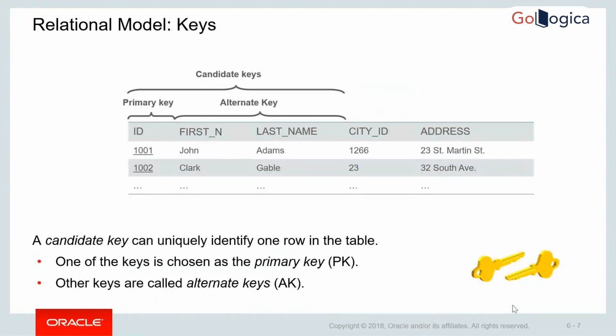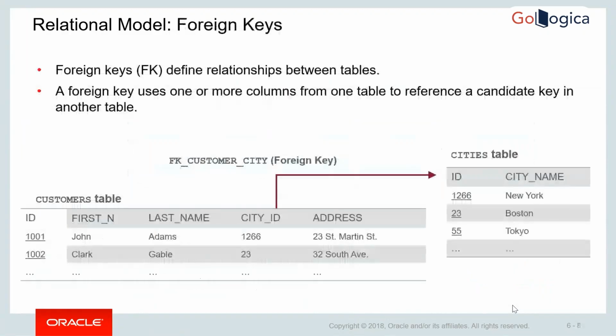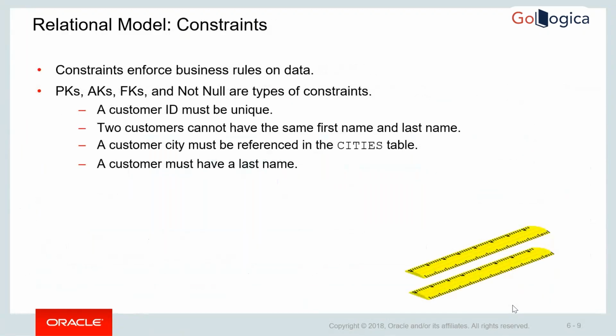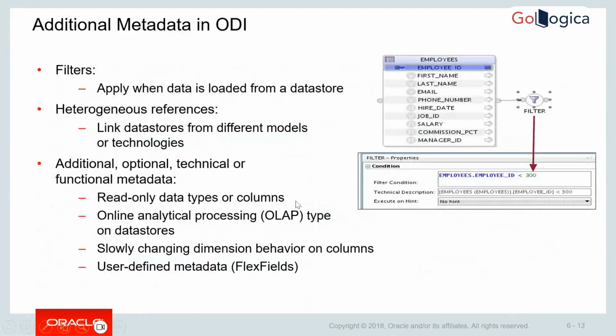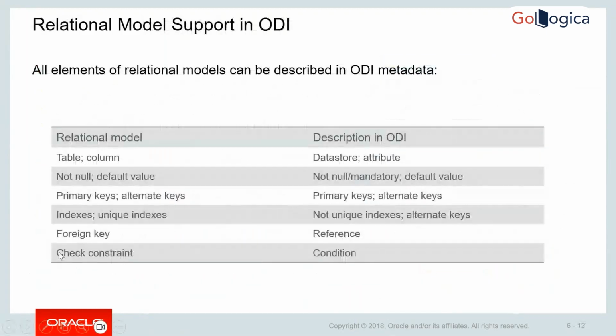As you know, in a relational database we have tables, columns, primary key columns, and so on. When we do reverse engineering and create a data store, the equivalent of a table in ODI is called a data store.